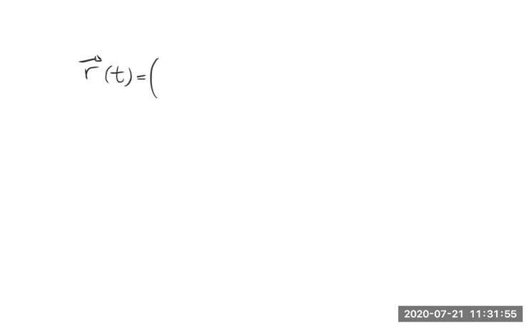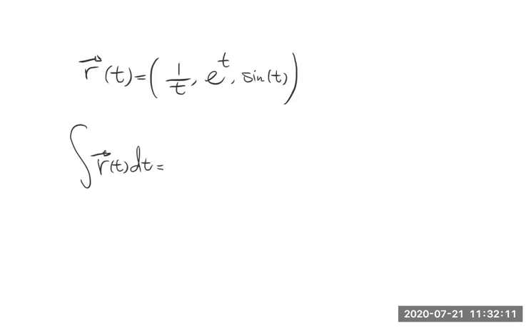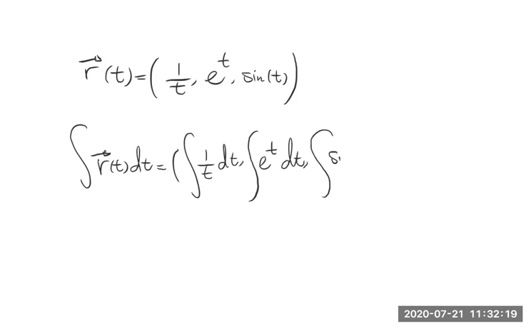Say we have this function, 1 over t, e to the t, and just sine of t. So the integral of r(t) dt would be the integral of 1 over t dt, the integral of e to the t dt, and the integral of sine of t dt.